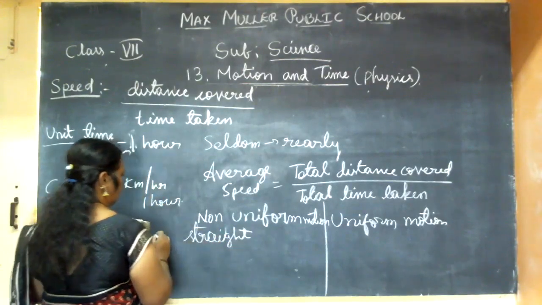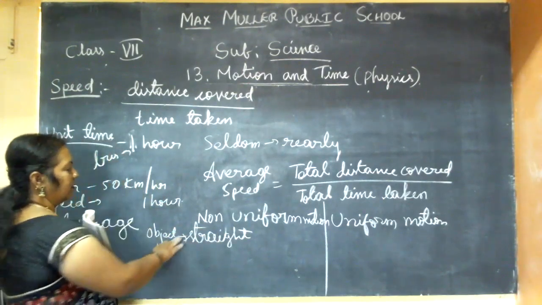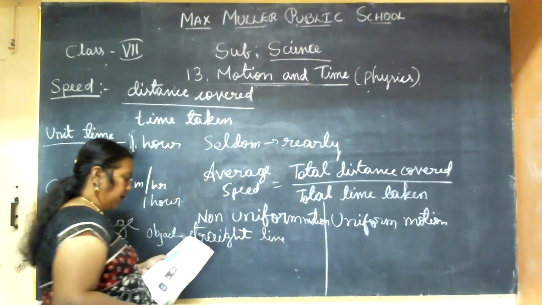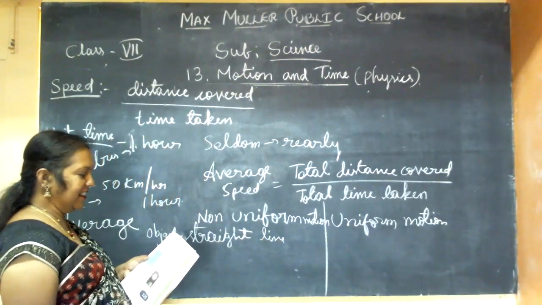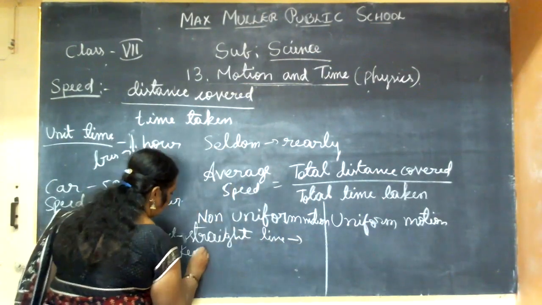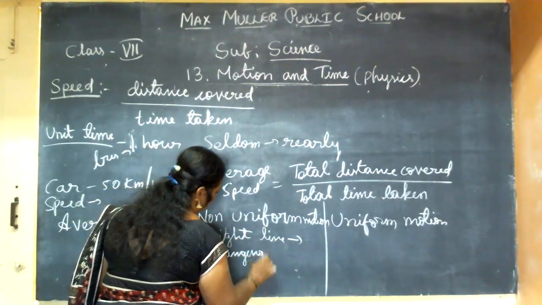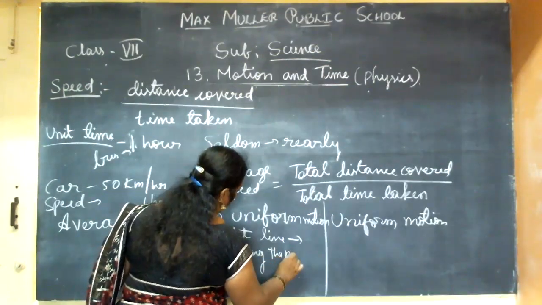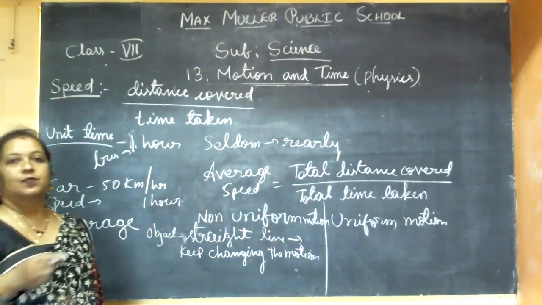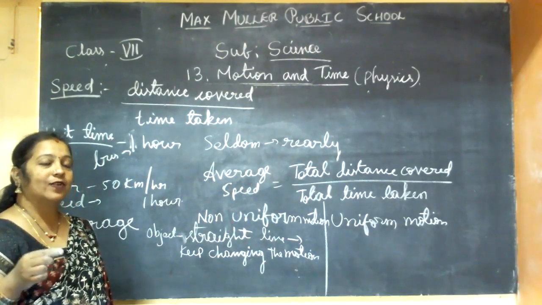See, the object, any object that is moving, moves along a straight line and keeps changing its motion. How is it changing the motion?